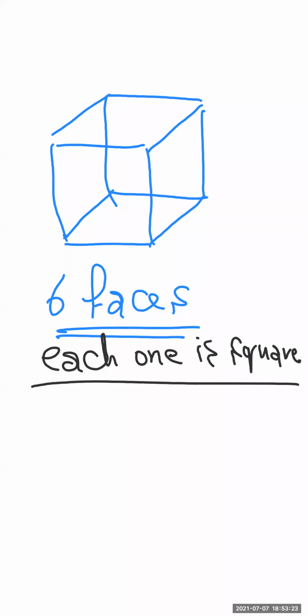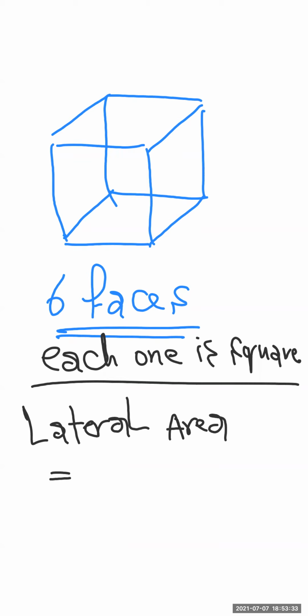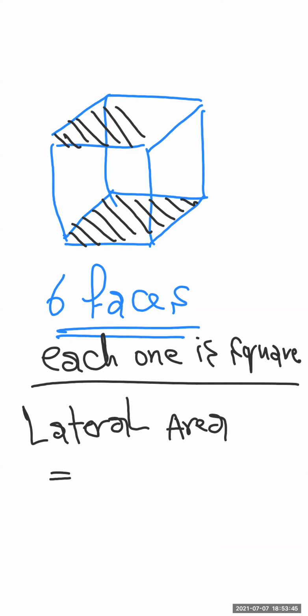So the first point, if I wanted to get the lateral area, lateral area is the area of the faces which are not bases. Of course, if this one is a base, the opposite one also will be a base. So the lateral area equals the area of faces which are not bases. So only 4. So 4 times area of one face.